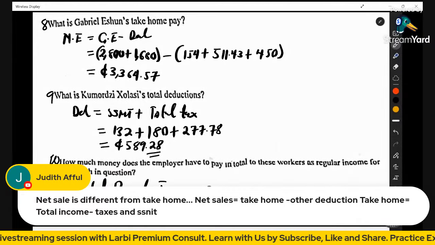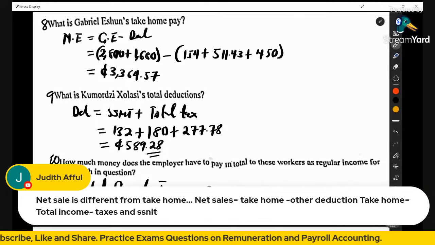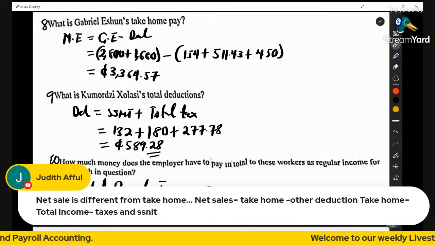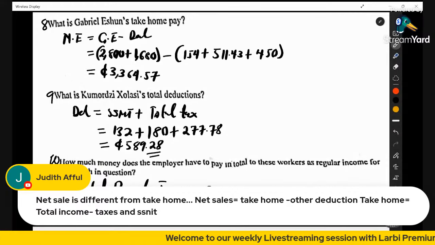But we use the word take home where we are making payment toward employees. We use take home in remuneration when it comes to HR related issues, human resource pay. That's where we use the take home or the net pay or the net earning. But we use the net sale where we are toward trading of goods or a service. So let's take note of the difference.